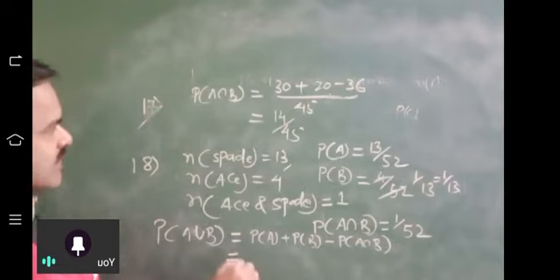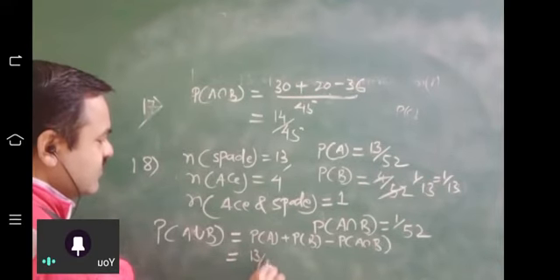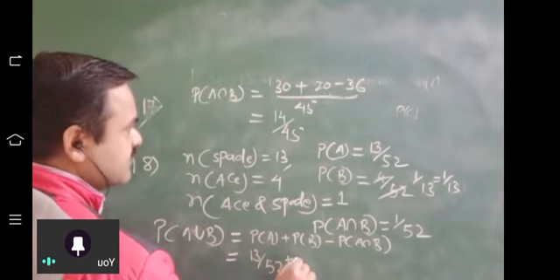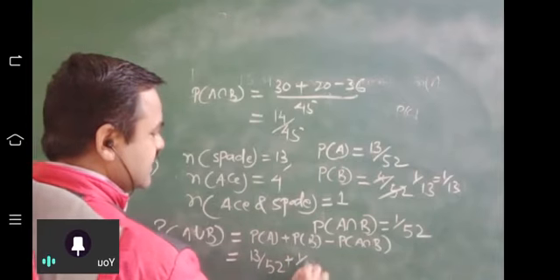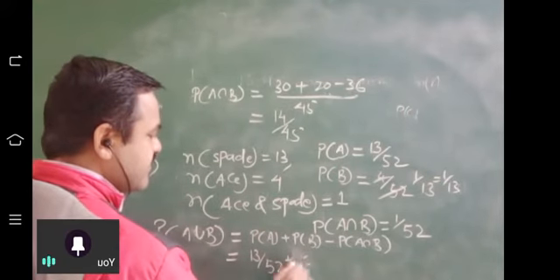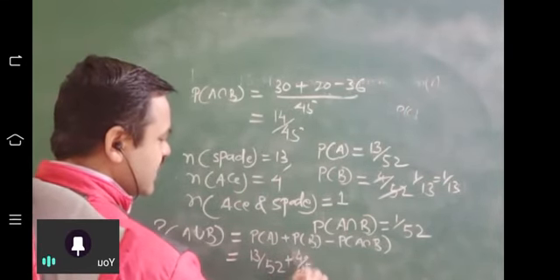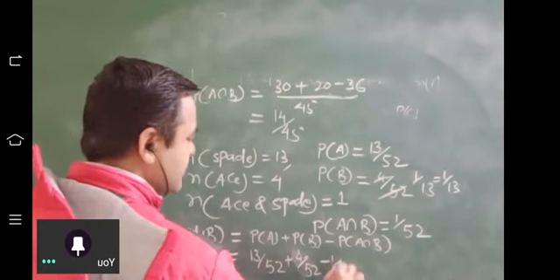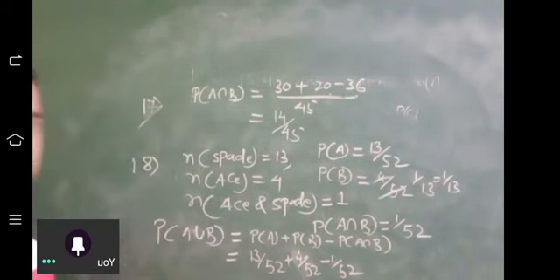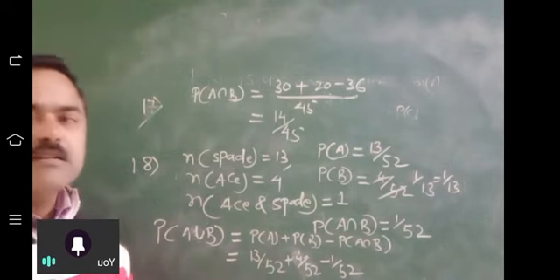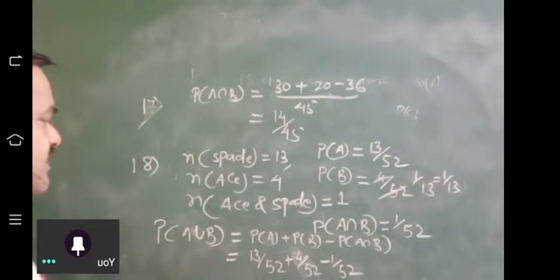Now just put the value. Probability of A is 13 by 52 plus 1 by 13. इसको 4 by 52 ही रहने दो ताकि ऐड करने में आसान हो जाएगा, minus 1 by 52. Now 13 and 4 is 17, minus 1 is 16 by 52.